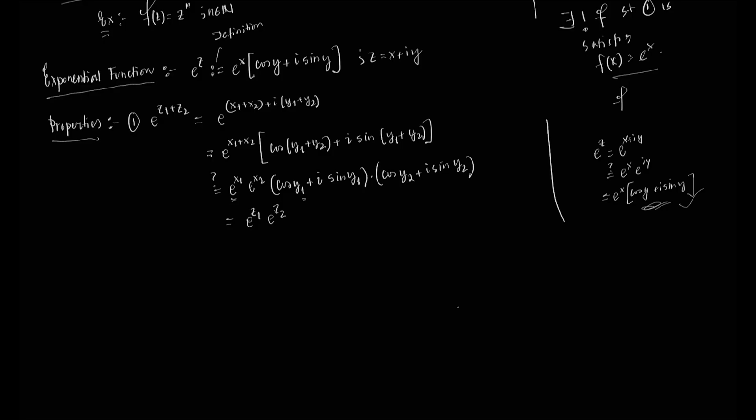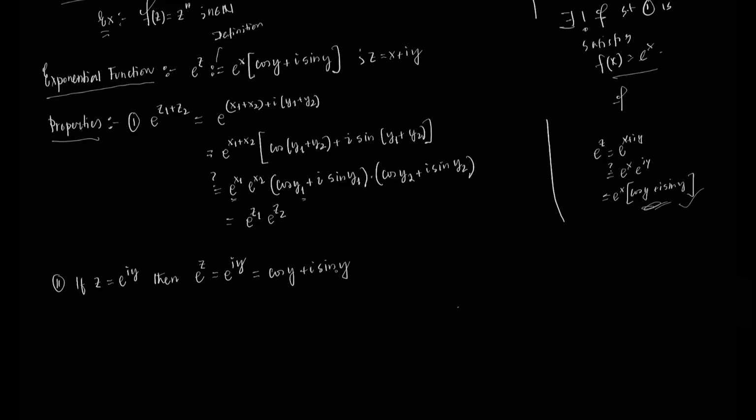Now property 2. If z = iy, then this definition gives me e^z = e^(iy), and that gives us cos y + i sin y.